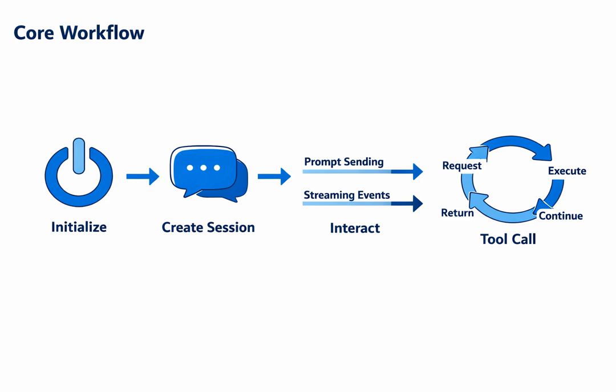You send a prompt, the system returns events in a streaming fashion and triggers corresponding callback functions. Step 4 is tool invocation. When the AI needs to use a tool, the CLI makes a request, your local code executes the tool logic, returns the result to the AI, and then the AI continues generating responses. The entire process is both simple and powerful.